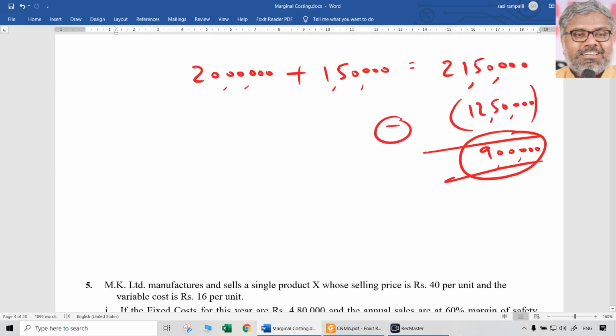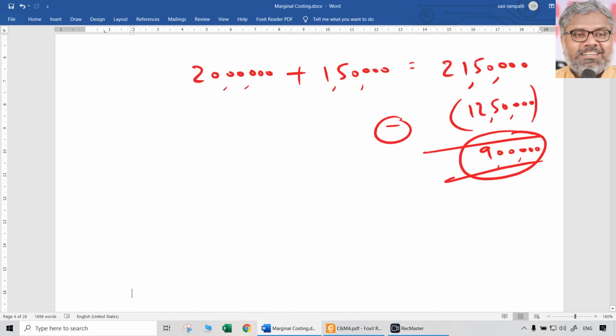Now somebody might get a doubt, sir, why is this break-even sales remaining the same? What is break-even sales? Break-even sales is nothing but fixed cost by PV ratio. Will fixed cost change when there is an increase in the sales volume? No. Fixed cost will not change according to level of activity. Will PV ratio change if there is an increase or decrease in sales volume? No. Why? Because PV ratio is nothing but contribution by sales.